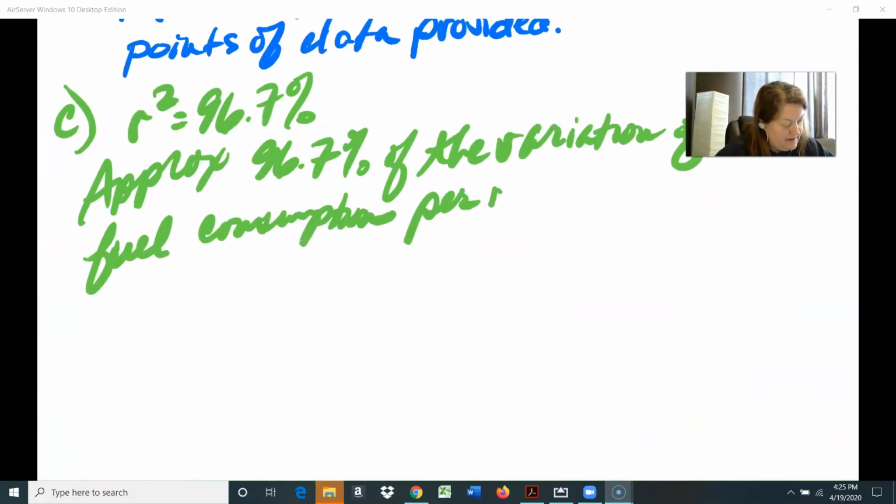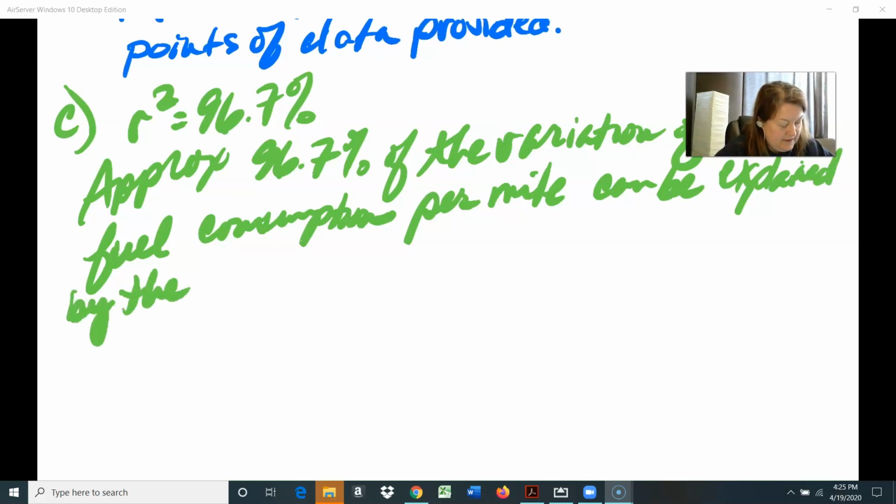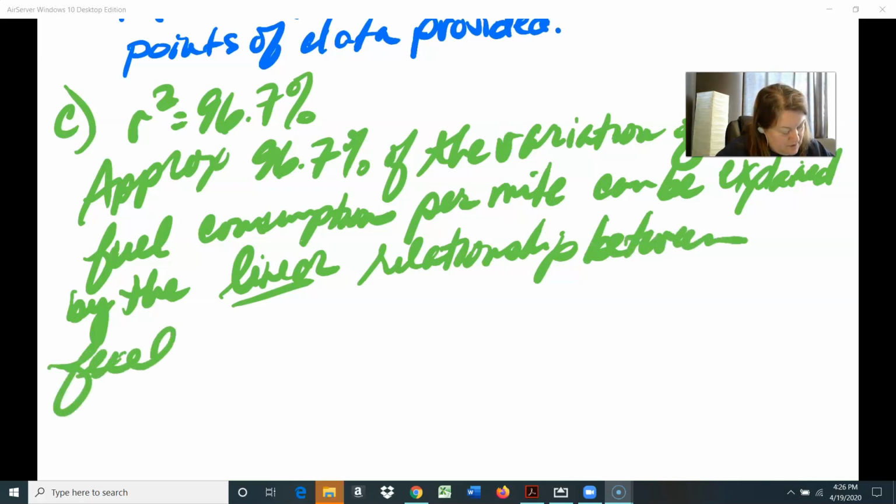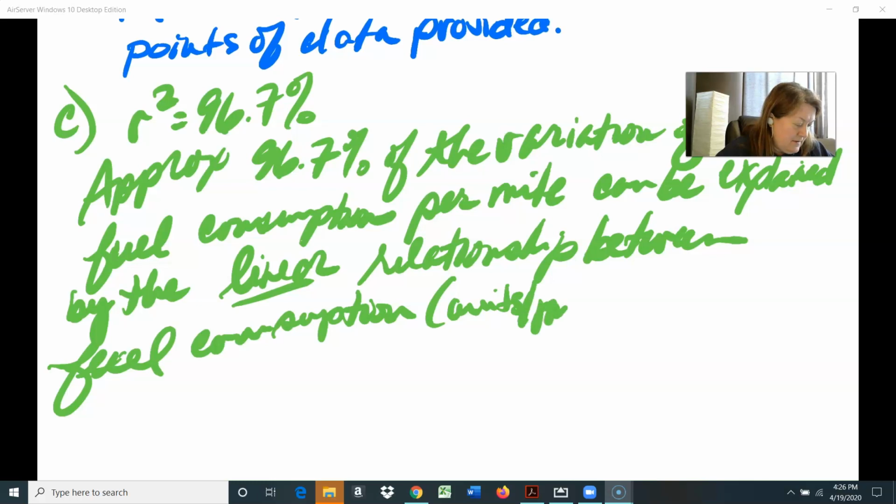Fuel consumption per mile, can be explained by the linear relationship between fuel consumption in units per mile and number of rail cars.